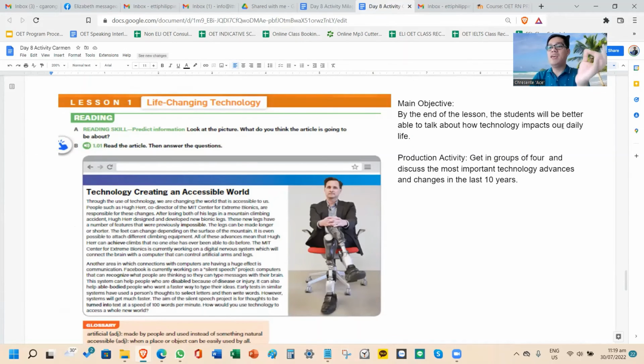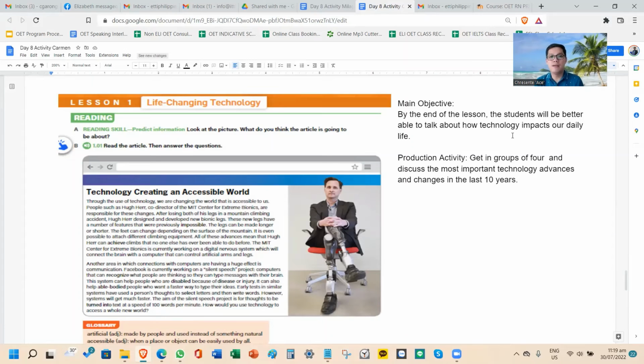It could be his or her daily life, right? Because you want it to be student-centered. How technology impacts their daily life. Students' daily life, or how technology changes. By the end of the lesson, the students will be better able to talk about how technology changes and advances impact their daily lives.